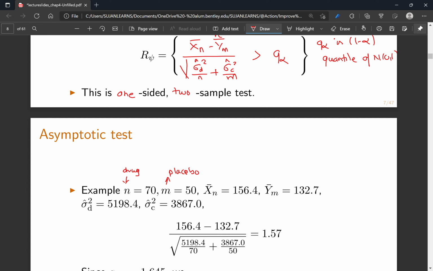Now, there is a variance in the sample for the drug and a variance in the sample for the control. The variance in the sample is greater for the drug than for the control. That is around 5,194, while for the control it is 3,867.